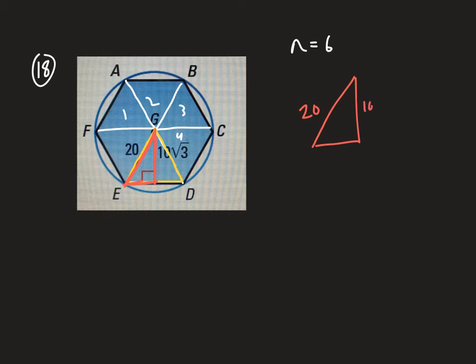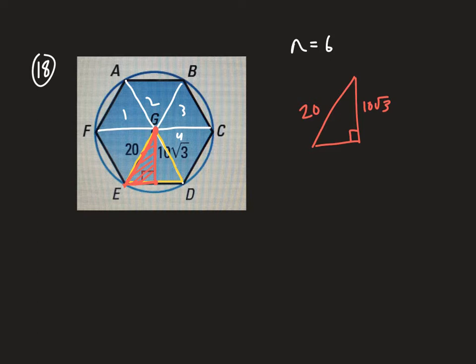The apothem here was the height. Remember, it's the distance from the center to the edge of the polygon. So I'm actually going to find the area of this shaded triangle here. And then what I'll have to do is multiply that by 2 to give us the full yellow triangle. And then we will multiply that by 6 because there are 6 total triangles.